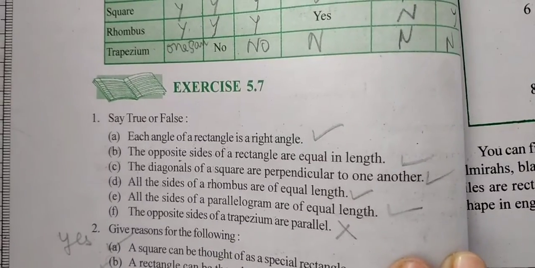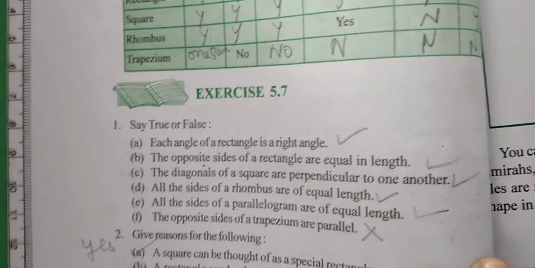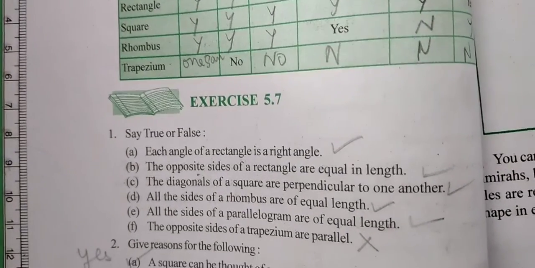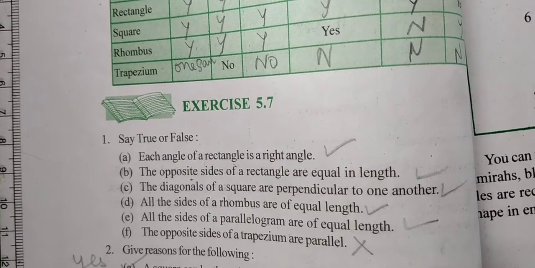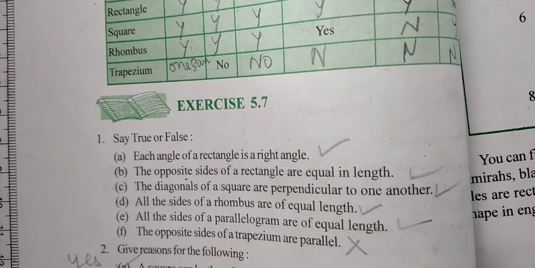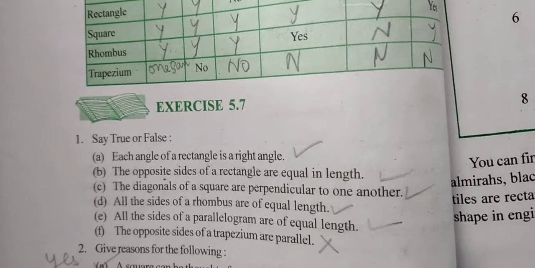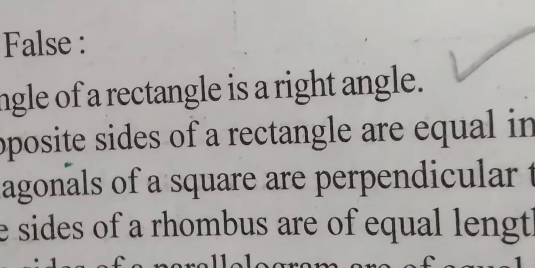And here we are going to do question number 1 only from this exercise 5.7, and you can see the answers here. We will discuss it. Each angle of a rectangle is a right angle. Yes, it's true. The opposite sides of a rectangle are equal in length. Yes, it's true.